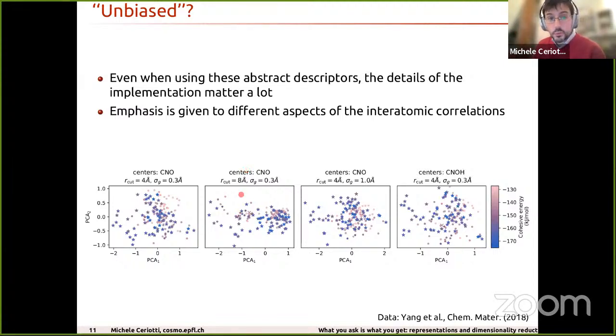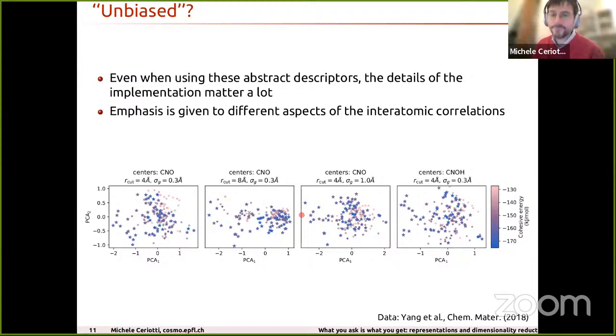And what you can see here, points are colored based on the cohesive energy, and the shape encodes the number of hydrogen bonds formed by each molecule. And what you can see is that there isn't really much similarity between the different maps, and there isn't a clear correlation between the position on the map and the energy, the stability of different conformers.